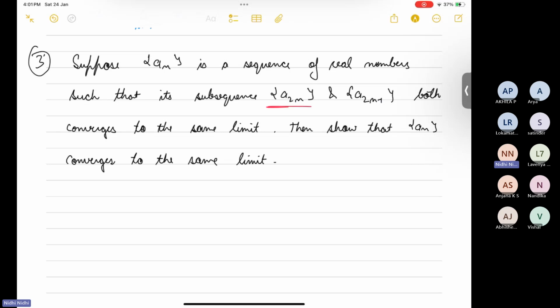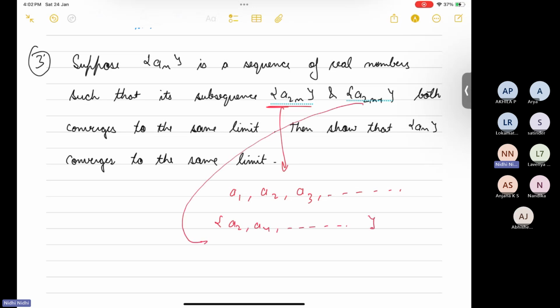For example, when we had the sequence an, which had terms a1, a2, a3, and so on, out of these we are taking just the terms a2n. 2n means all the even terms, so the subsequence was a2, a4, and so on. Similarly, for the sequence a2n minus 1, taking n equals 1 we get a1, n equals 2 we get a3, and so on. So this is a sequence itself and a subset of the main sequence as well. That's how we define subsequences.